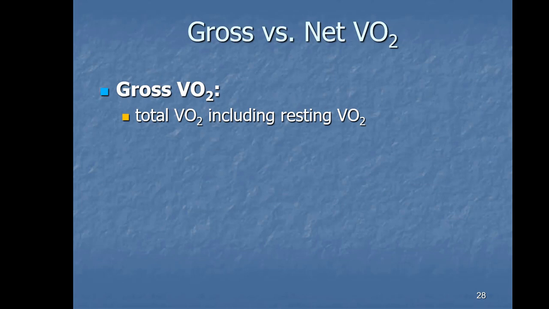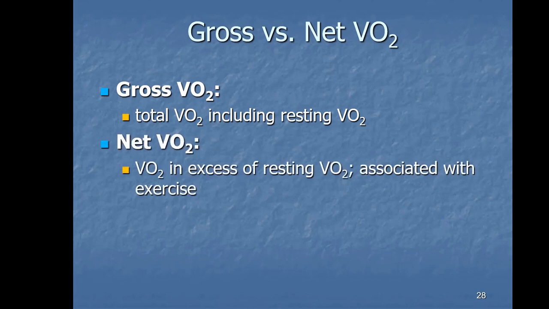So we also have a distinction between what we call gross and net oxygen consumption. So gross VO2 or gross oxygen consumption is basically your oxygen consumption that would be measured.